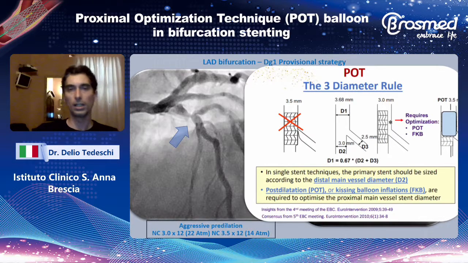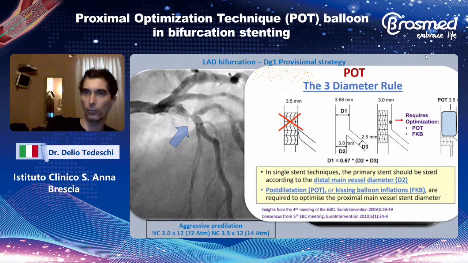As Gabor told, we implant a drug-eluting stent across the side branch with diameter correctly sized with the distal main vessel diameter, and after that we planned to do a POT and a final kissing balloon with the diameter of the POT matched with the proximal main vessel, and the kissing balloon with the diameter of the balloon matched with the diameter of the side branch and with the diameter of the distal main vessel. So following the bifurcation consensus recommendation.